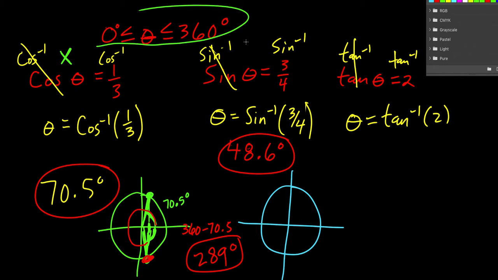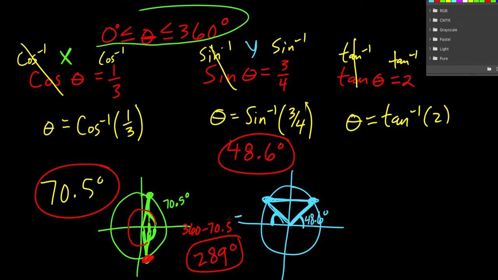Okay, this time we're doing sine, so we're dealing with y. And so if we have a sine value of 3/4, it's going to be something like this. And so in one rotation, we cross two places that have that. So the first rotation is what we got. This is our 48.6 degrees. And then the amount from here to here is also 48.6.